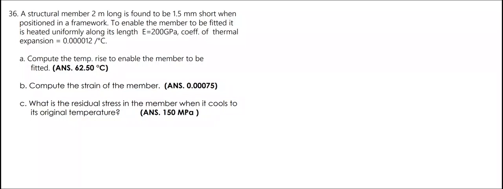Now for the first problem, the change in length due to thermal expansion is given by delta L equal to the coefficient of thermal expansion multiplied by the original length times the change in temperature. Rearranging to solve for delta T, we have delta L all over the coefficient of thermal expansion times the original length.